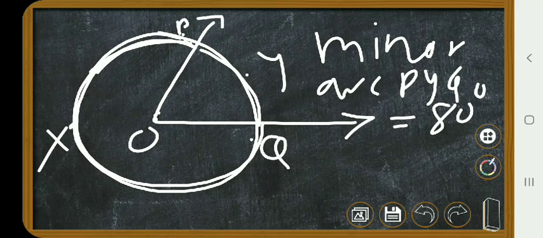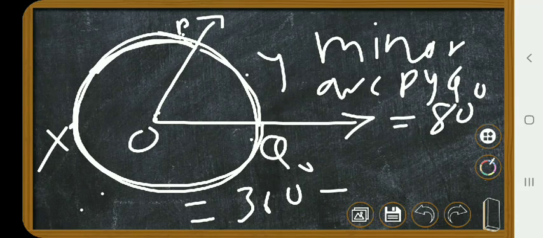So how to find it? What you will do, you will take 360 degrees minus the measure of the corresponding minor arc. Corresponding minor arc means this PYQ, or whatever it may be given.